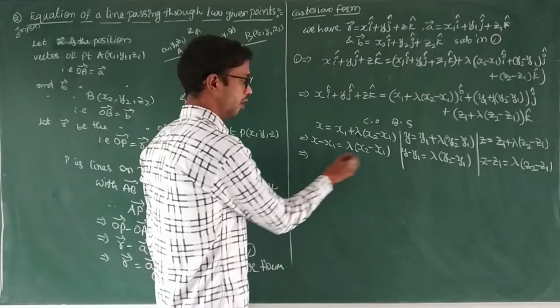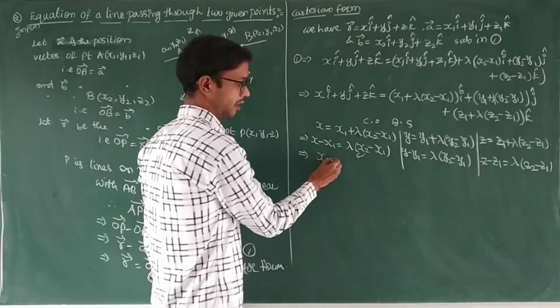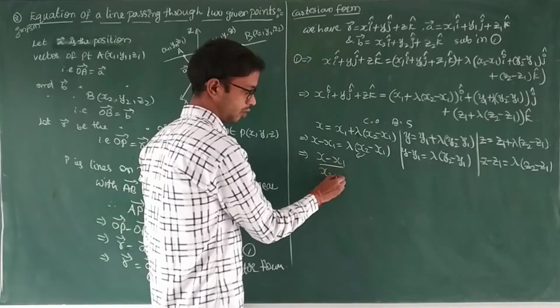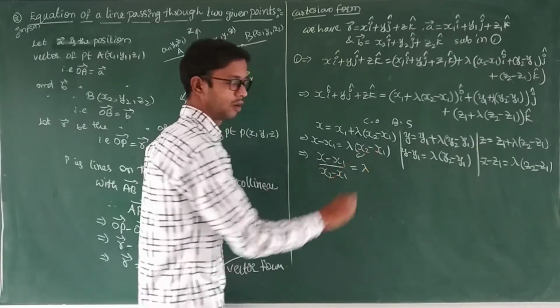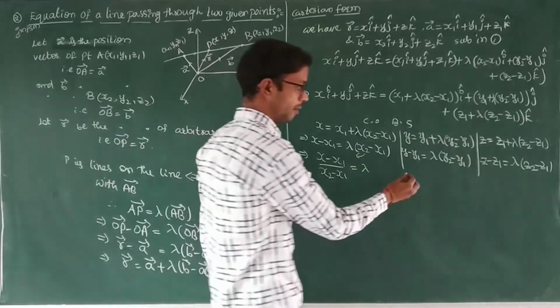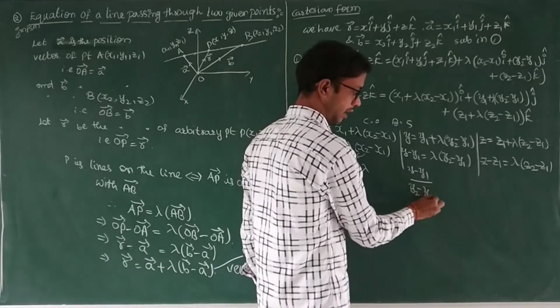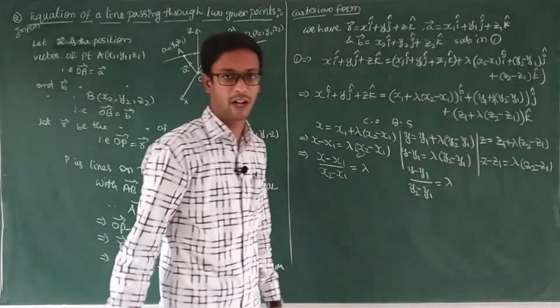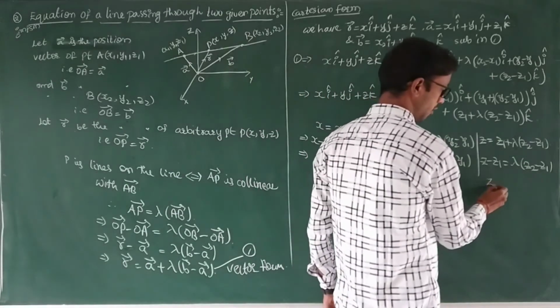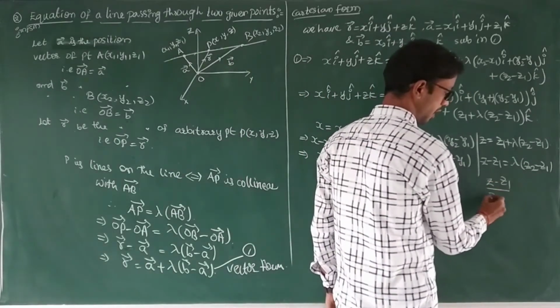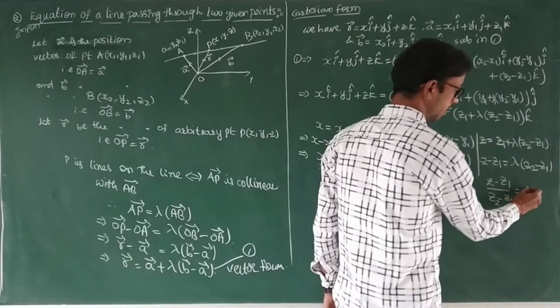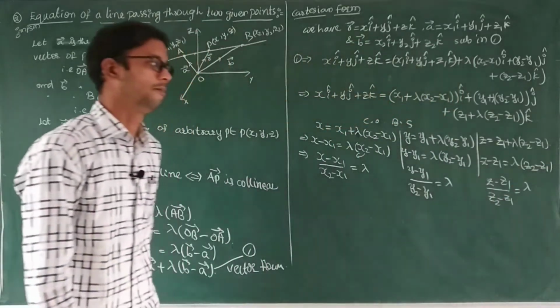Sending to the left side, x minus x1 by x2 minus x1 is equal to lambda, y minus y1 by y2 minus y1 is equal to lambda, z minus z1 by z2 minus z1 is equal to lambda.